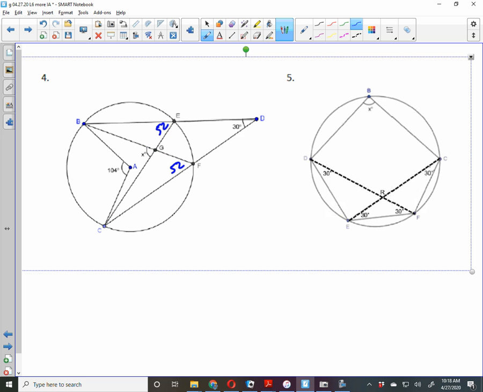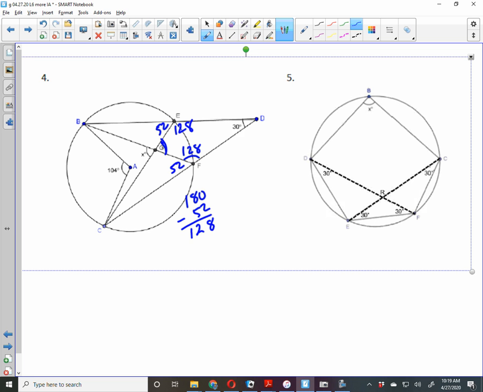We're looking for x, which is in the middle. We're going to have to find g. I'm actually going to try to find that. I know that these angles here are supplementary. If I subtract 180 minus 52, I'm going to get 128. I know this is 128.